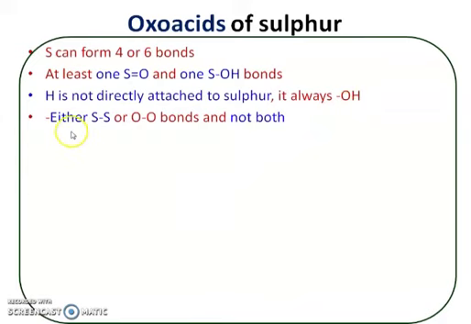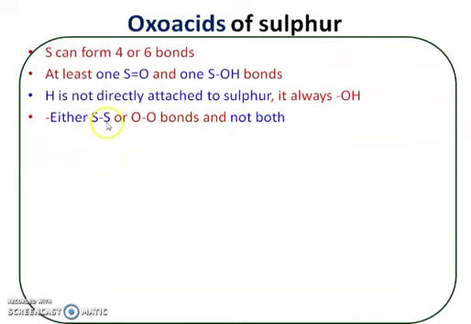Next, there is either a sulfur-sulfur bond, when two sulfur atoms are there, or an oxygen-oxygen bond. If there is a peroxyacid, then in a peroxyacid there is a possibility of an oxygen-oxygen single bond. But in the same molecule, both of these will not be there.